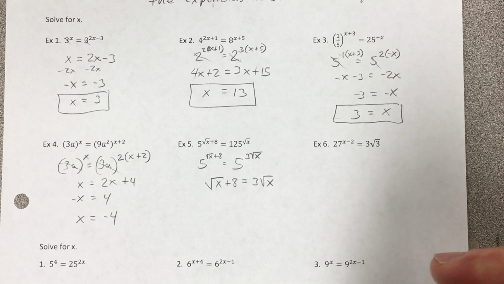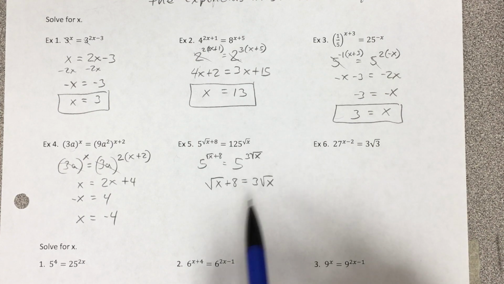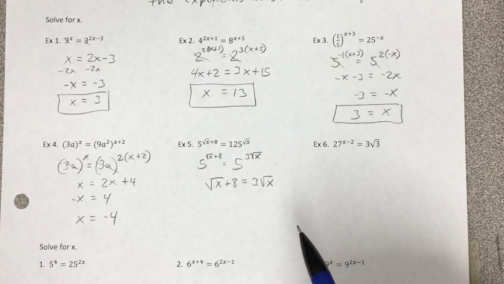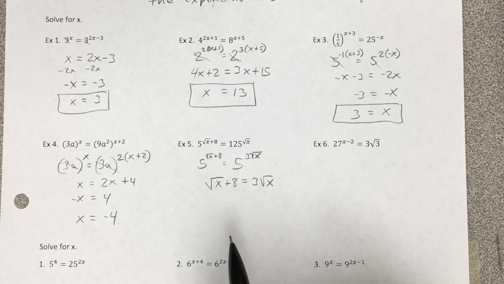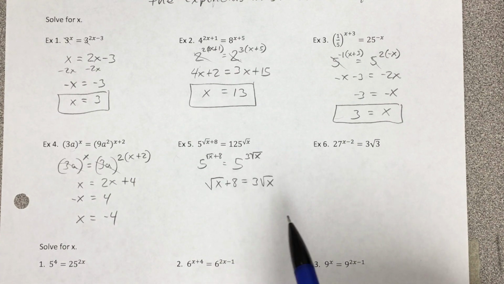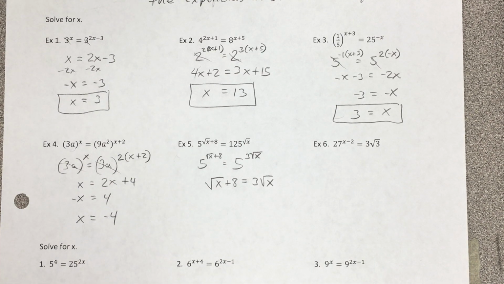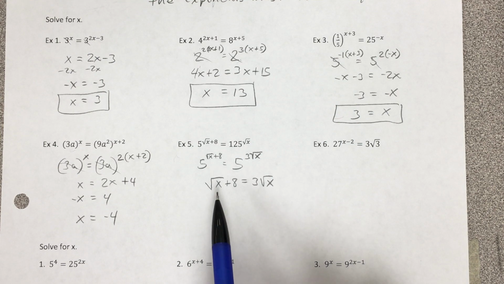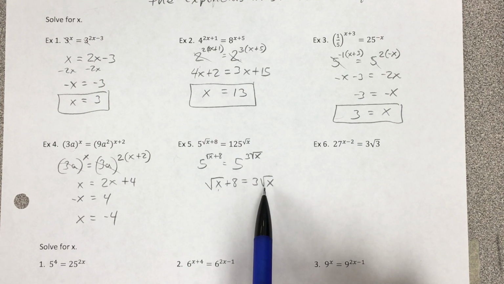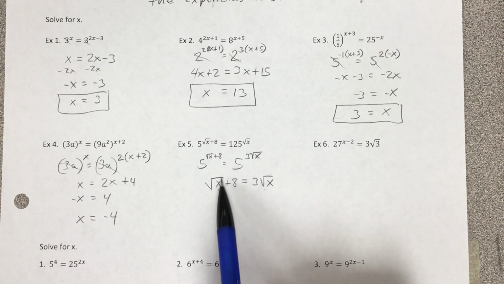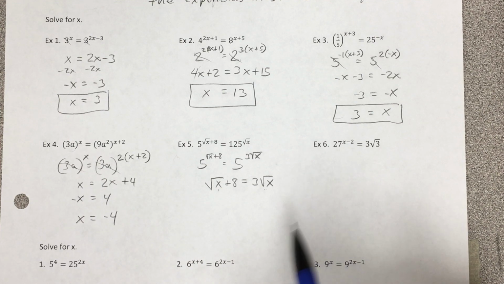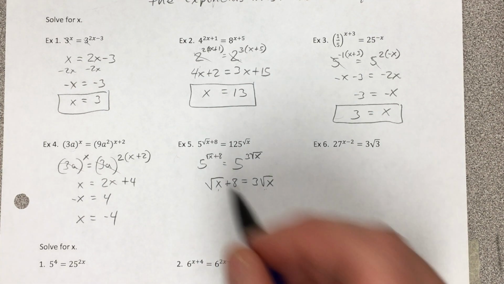And now what we've got, interestingly enough, is a square root equation here. And, you know, people tend to kind of freak out with this, but no need to freak out. Think of it this way. You've got a square root x and a 3 square root of x, and think of those as like terms, and they're like terms that you want to get together.